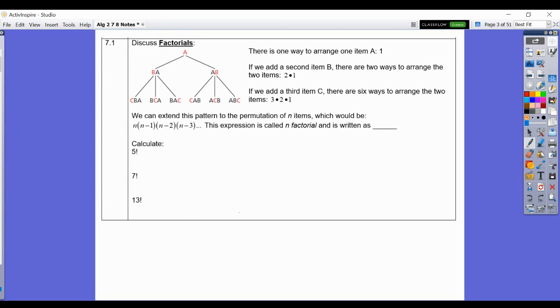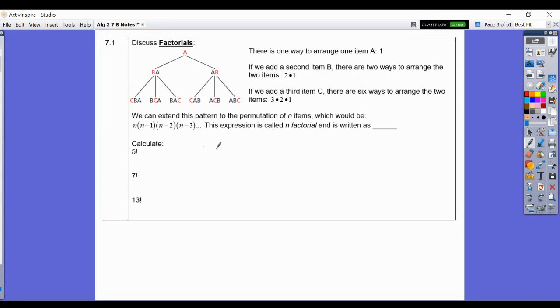All right, for the next slide here, we've got factorials. So when you have some items, there's different ways to arrange them. If you only have 1 item, of course, there's only 1 way to arrange that. If you have 2 items, you can have the first and then the second, or the second and then the first. If you flip them around, that would be 2 different ways to arrange them.